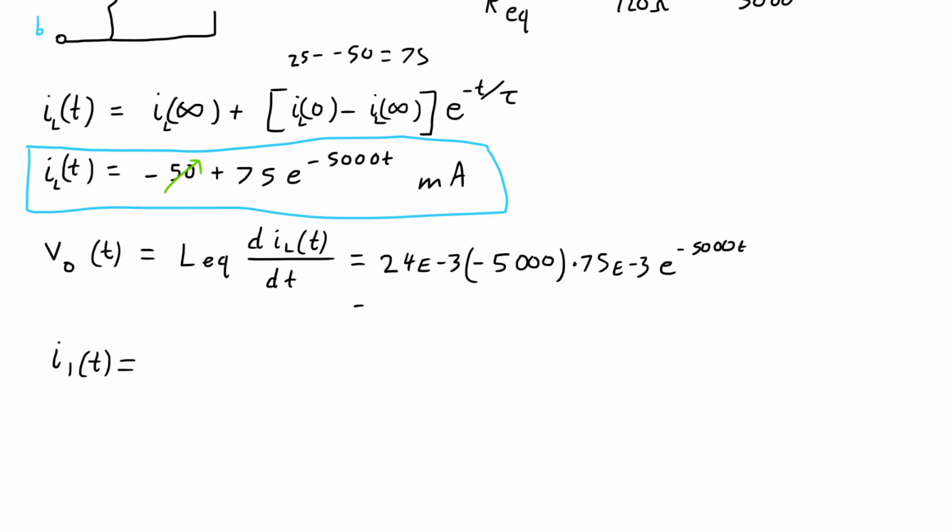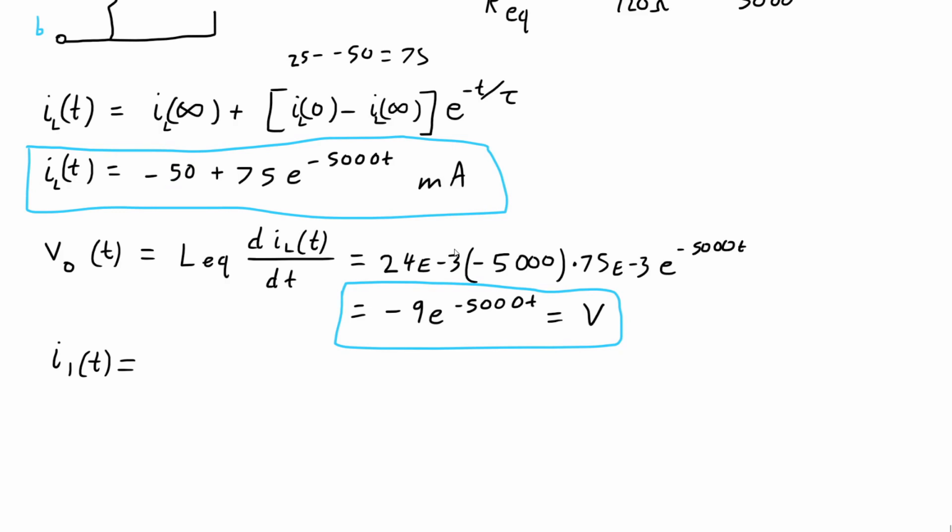So this is going to simplify to 24 times 75 divided by 1,000,000 times 1,000 is 9. So it's going to be minus 9 e to the minus 5,000 t volts. So that's VO(t).